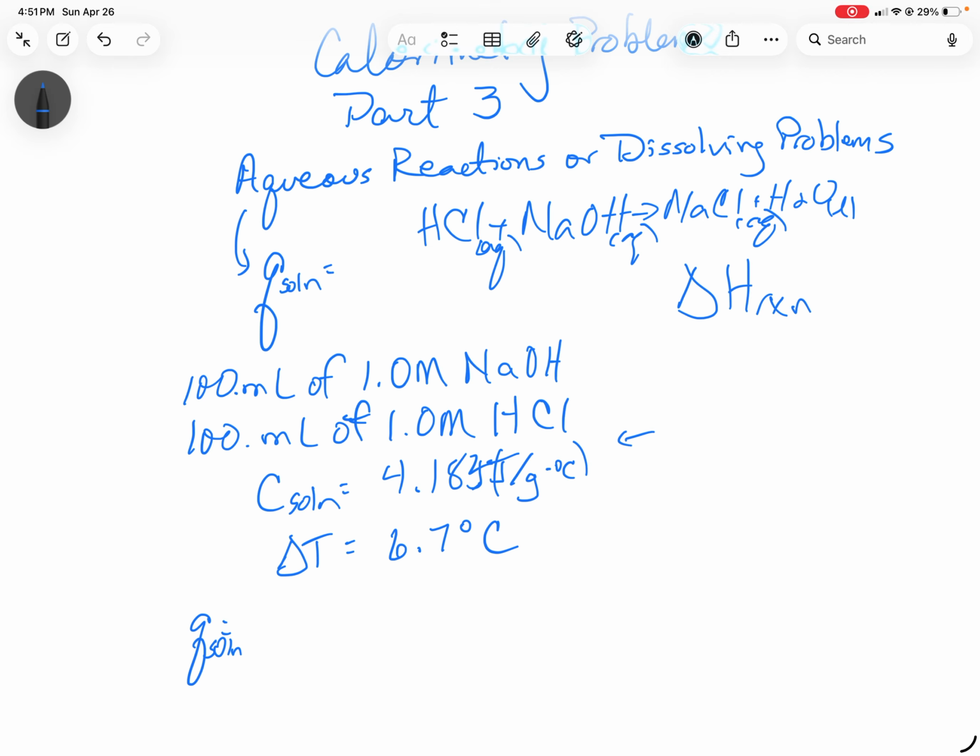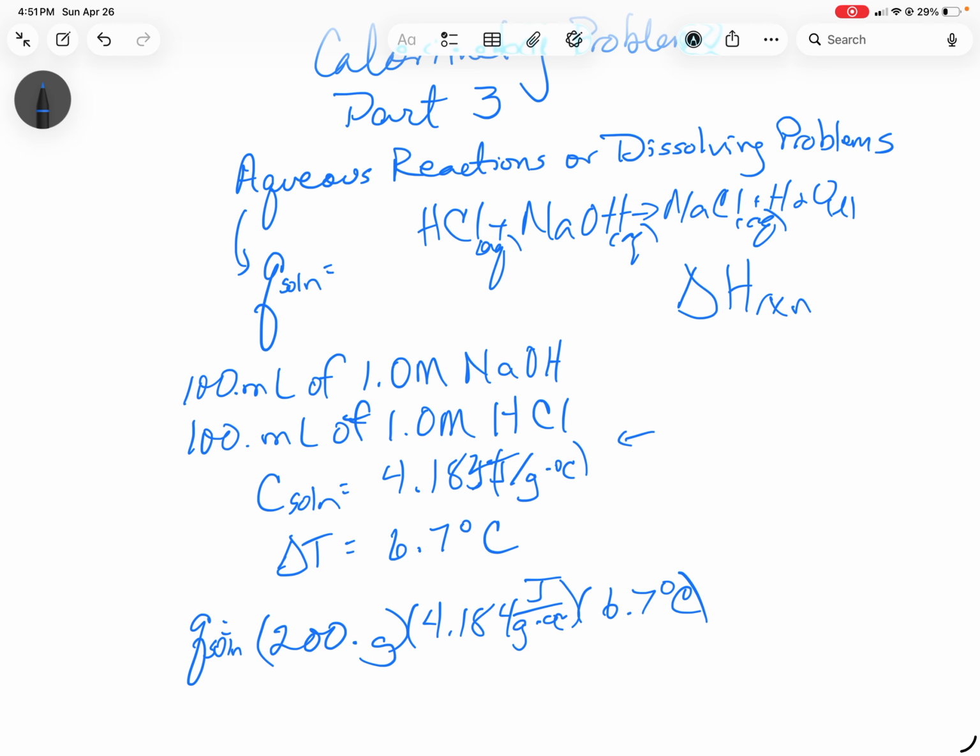If density is 1 gram per milliliter, that's 200 grams of solution. The specific heat was 4.184 joules per gram degree C. Delta T was 6.7 degrees C.